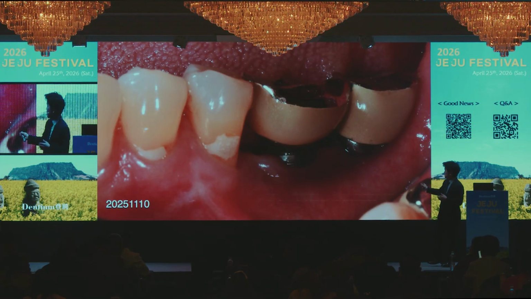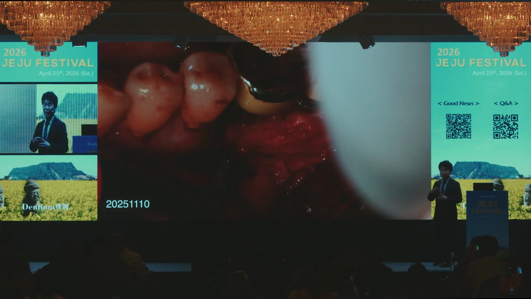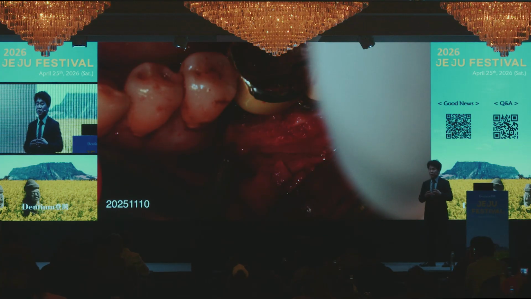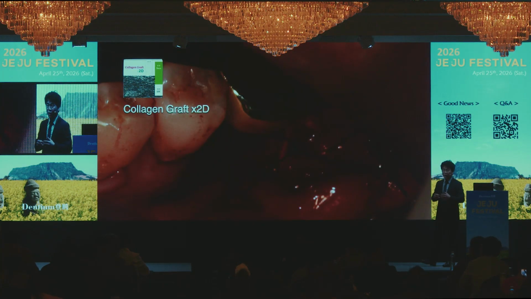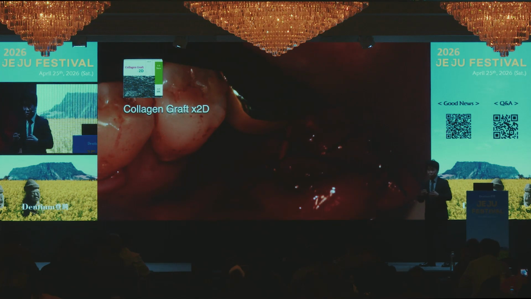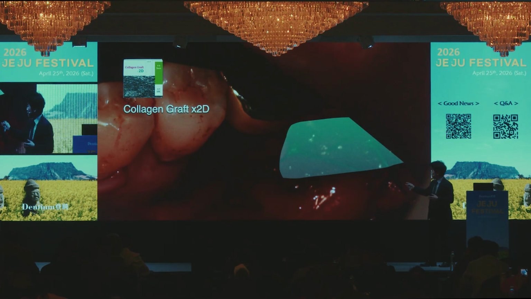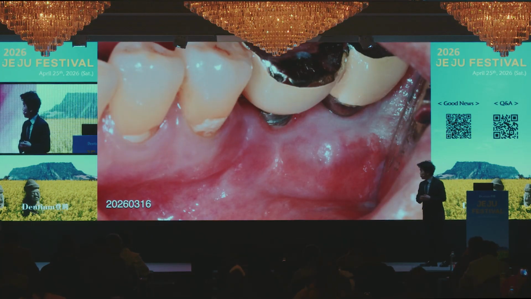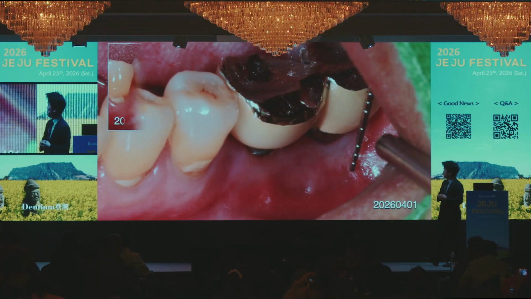So this patient has a narrow KT band and low vestibule. I recommended the surgery for pre-gingival graft, but she is very scared about harvesting gingiva. So I'd like to apply the collagen graft X2D. The healing pattern is good at 2 months and 3 months.